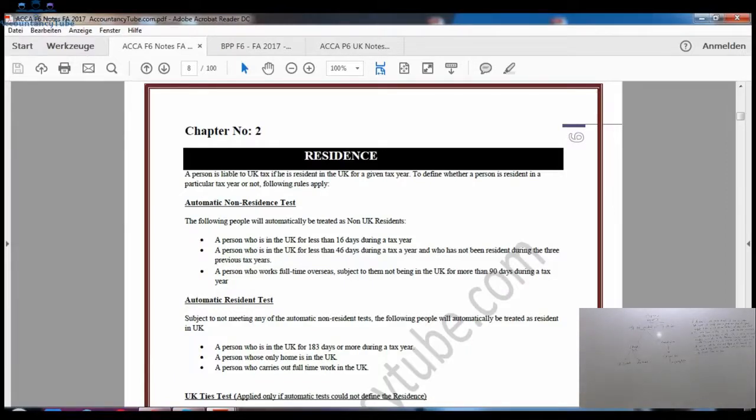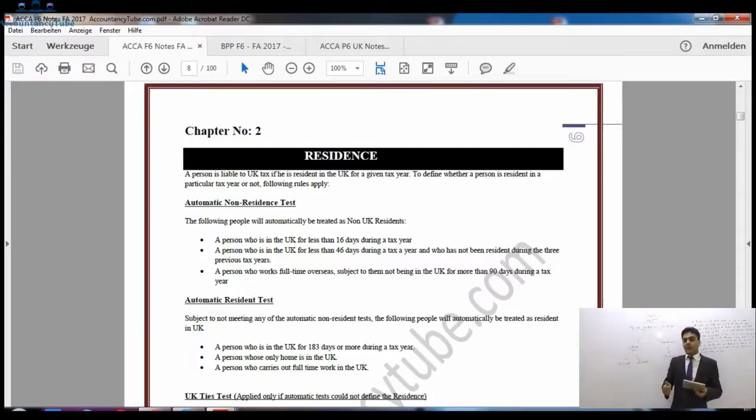Now on top of that, it says a person is liable to UK tax if he is resident in the UK for a given tax year. Of course, it is so obvious. I've listed it on the top as well: only UK residents will have to pay tax. Now, you can be UK resident in tax year 17-18, but you might not be UK resident in the coming tax year, you might be living somewhere else.